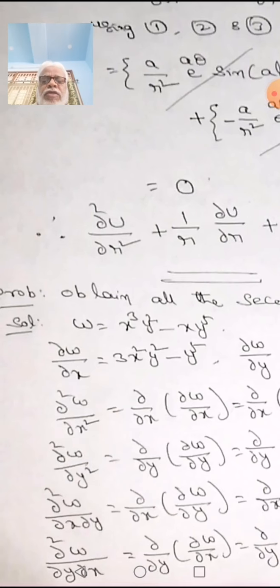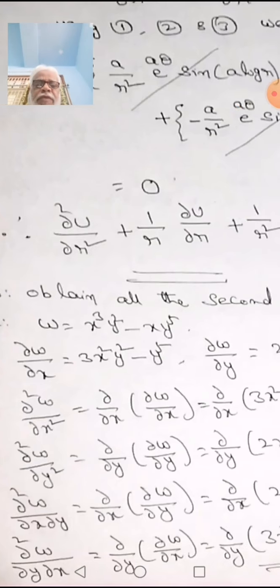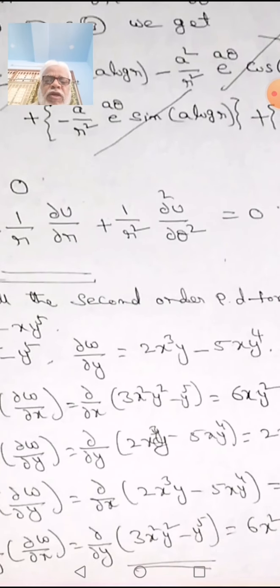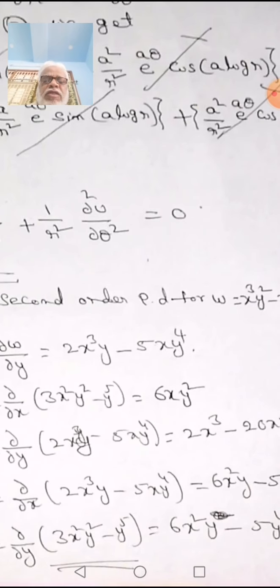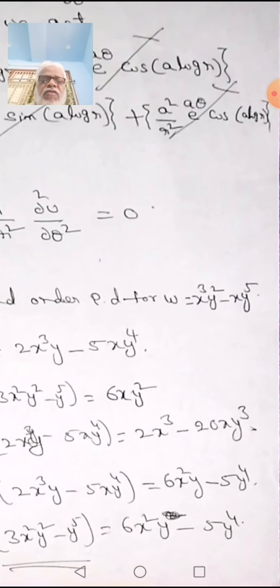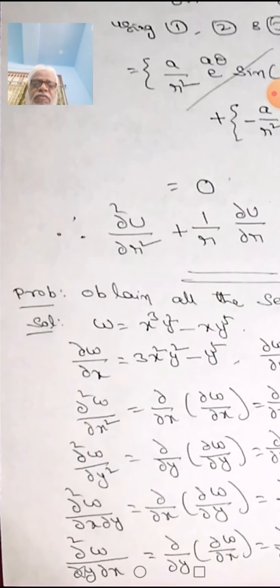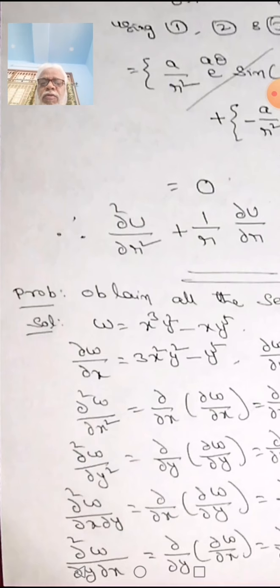Now ∂²w/∂x∂y is ∂/∂x of ∂w/∂y, that is ∂/∂x of 2x cube y minus 5x y power 4, which is equal to 6x square y minus 5y power 4. ∂²w/∂x∂y can be written as ∂/∂x of ∂w/∂y, and ∂²w/∂y∂x is ∂/∂y of ∂w/∂x.